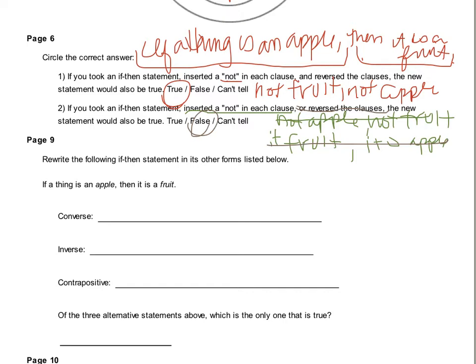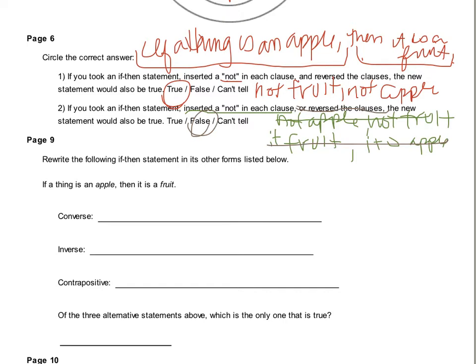These switching around of things actually has names, and those names are converse, inverse, and contrapositive. I know those are funky words, but it's going to be okay. So what a converse does is a converse just flips the statement.